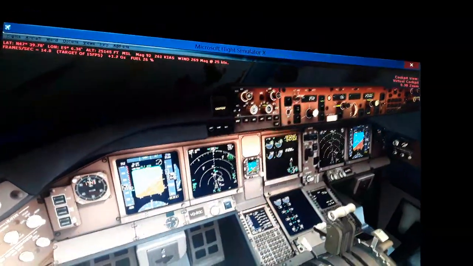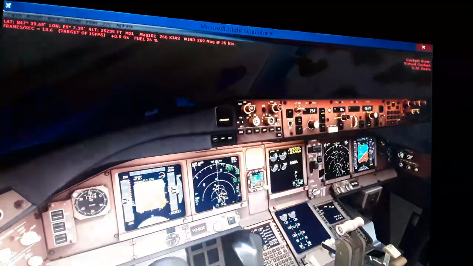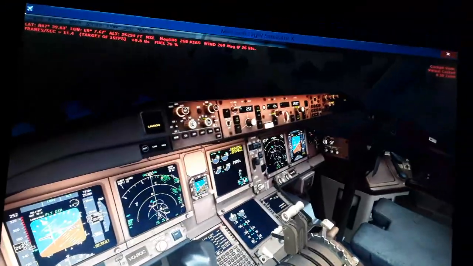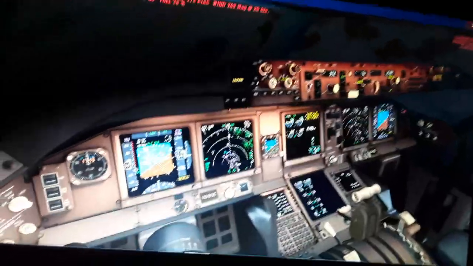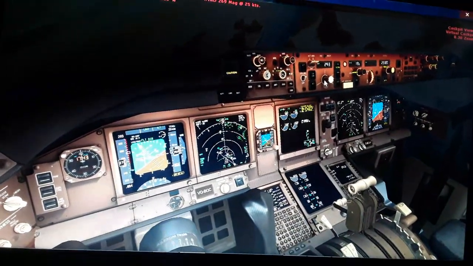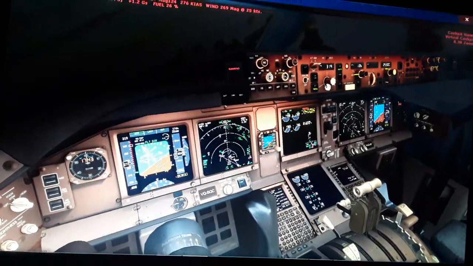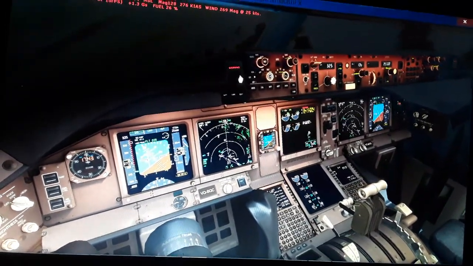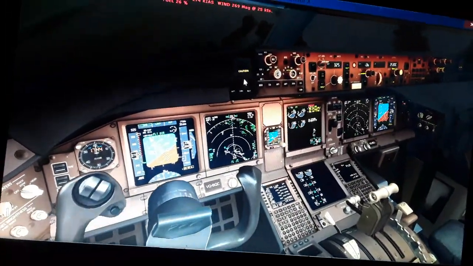So we're going back to the airport, starting the turn. And maybe we need to increase the airspeed. So we're going to be overspeed a little bit.